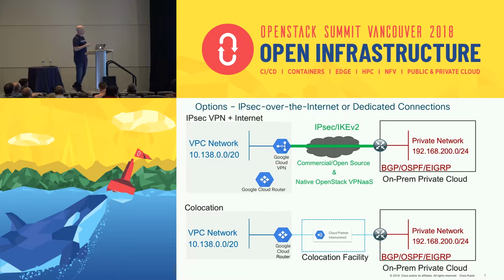The other alternative to building this simple IPsec VPN environment is to do a co-location arrangement. Direct Connect with AWS, Interconnect with Google, and ExpressRoute through Azure are examples of that, where you're basically stretching a very long line between your environment through a co-location facility into that public cloud provider.